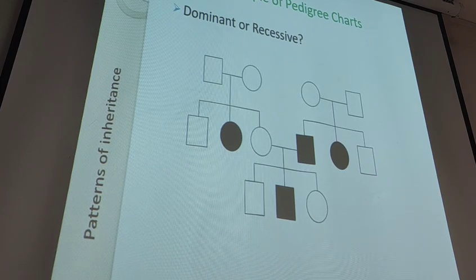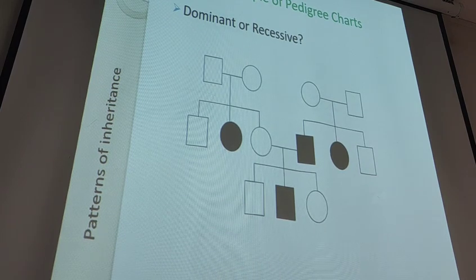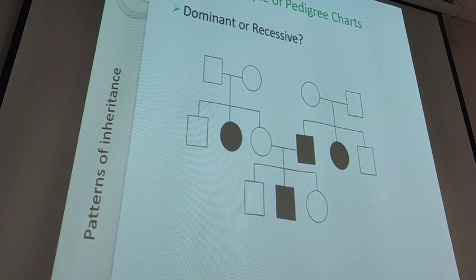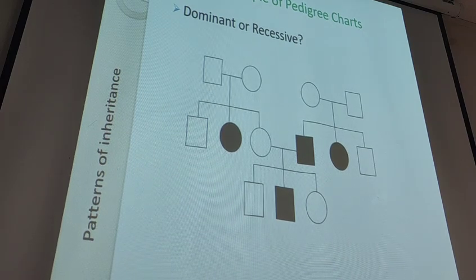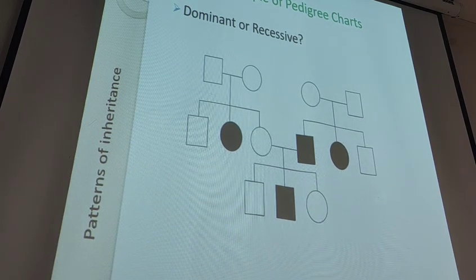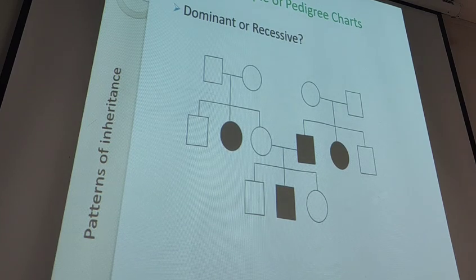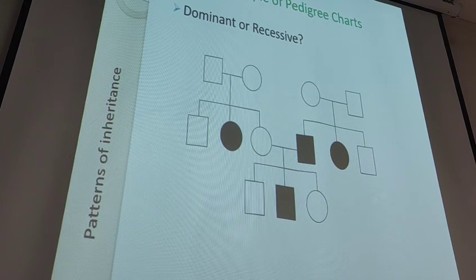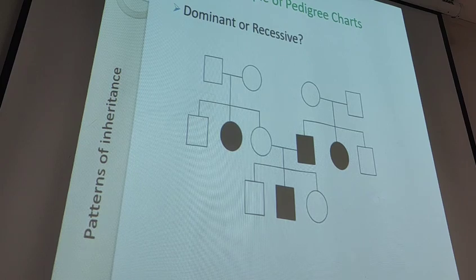In one family, we have just one pattern of inheritance, either recessive or dominant. In different families, we may have different patterns of inheritance. But within one family, we have just one mutation, one pattern of inheritance, one genotype.